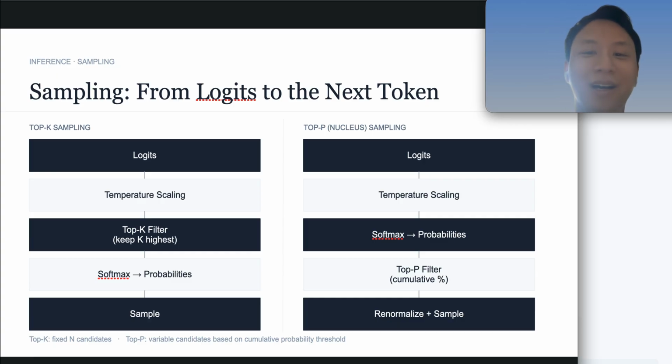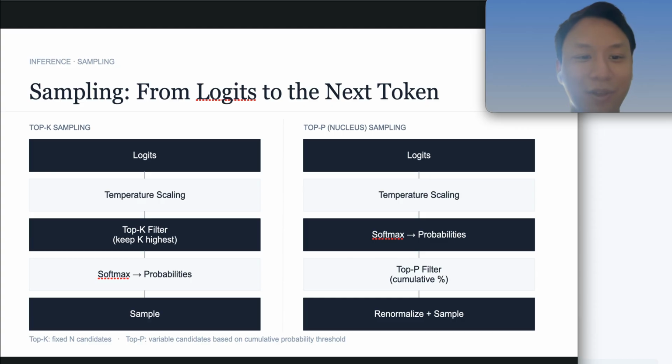Sometimes that's something you might want, for example, for creative writing. But if you're answering math questions, you might tune the temperature down so that it more predictably selects the most correct token, right?